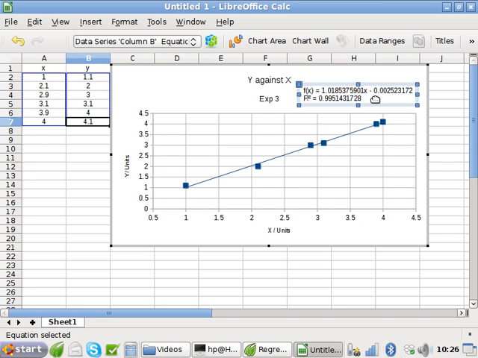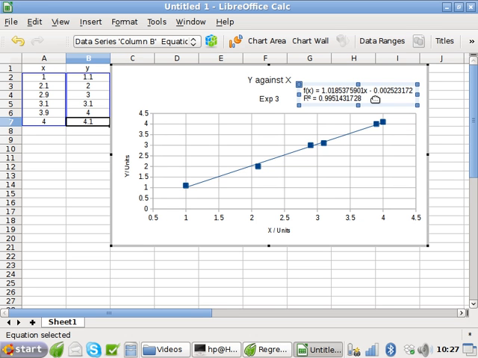Tell me what the slope is, please. 1.01, isn't it? 1.0185? The slope? Yes, because it's the number in front of the x.